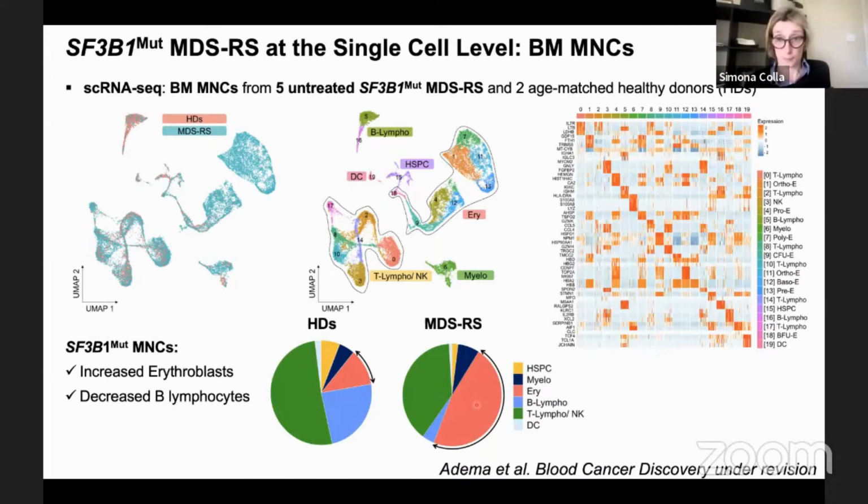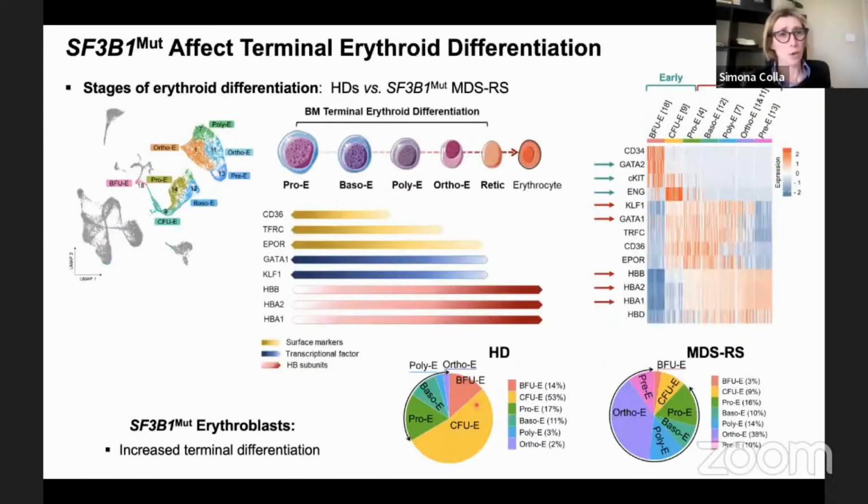into the bone marrow. But then our goal was to really dissect the differentiation step inside the erythroblast population. So we looked inside the erythroblast component, and based on the expression profile that was previously validated by Hadar, we were able to dissect all the different erythroid populations.